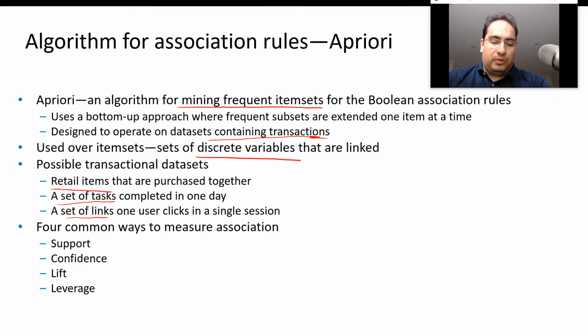There are four common ways to measure this association, which we are going to talk about. One is the support, which is basically the number of times that pattern or that item has been seen in our item sets. Confidence, we'll talk about that, and lift and leverage.